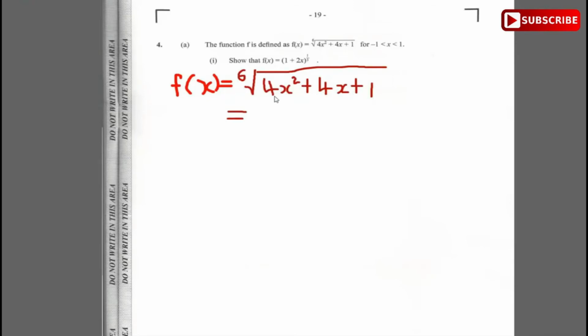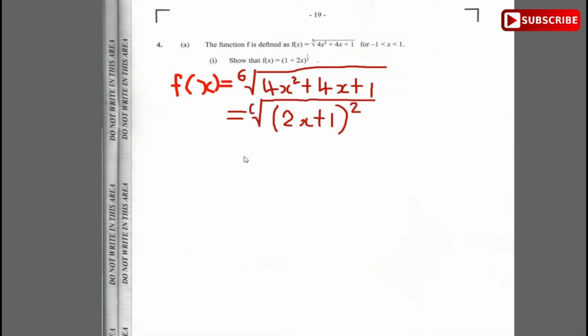This can be rewritten as 2x plus 1 all squared, since 4x squared plus 4x plus 1 is 2x plus 1 all squared. But it is the 6th root, not the square root.